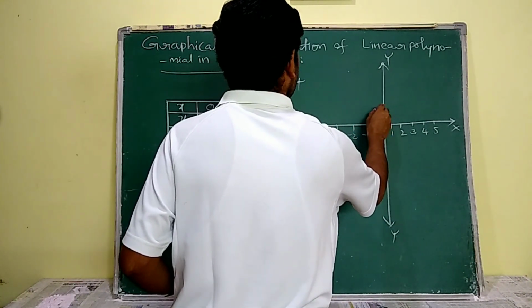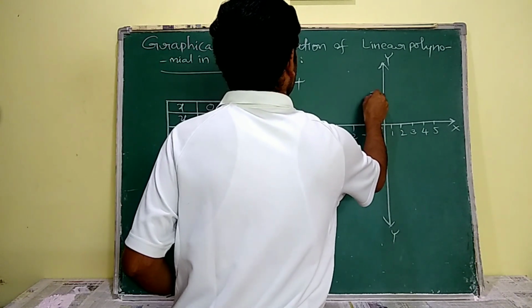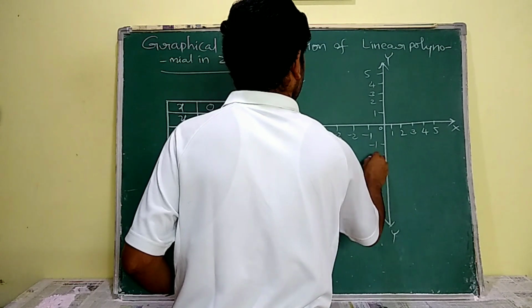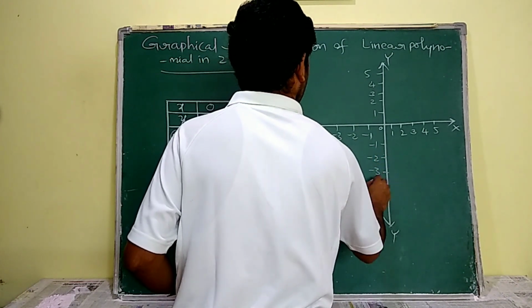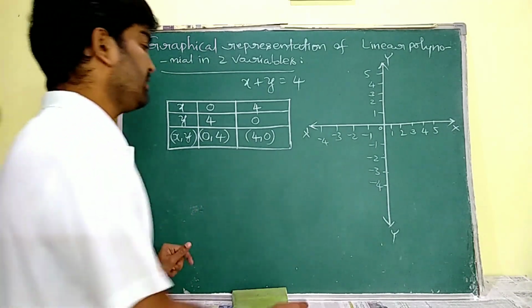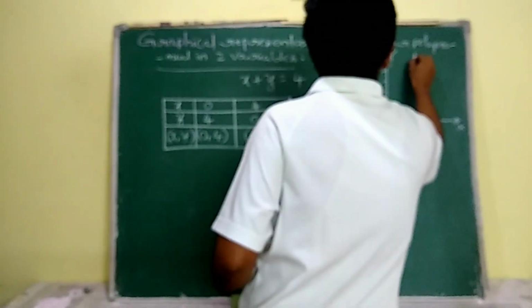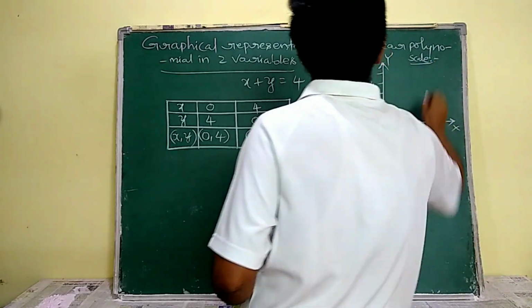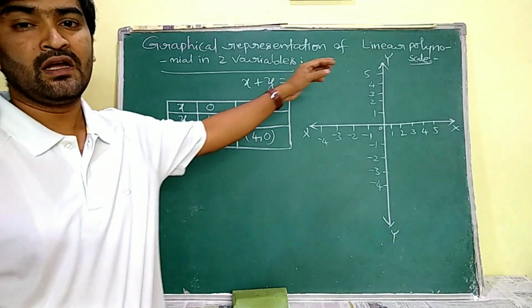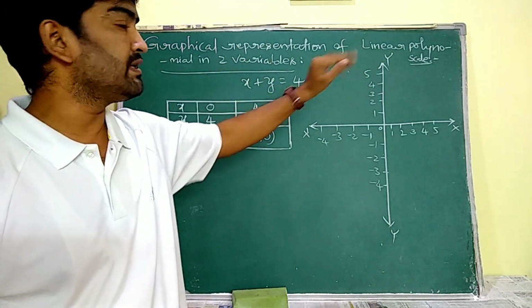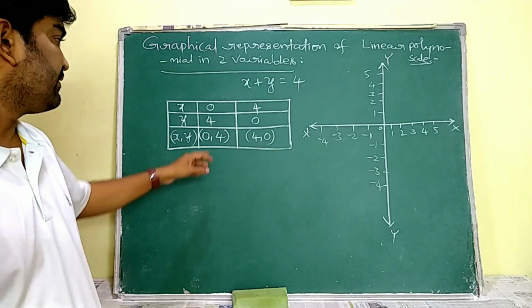Like this you have to mark the numbers. After marking the numbers, you have to write the scale also. Due to lack of space, I am not writing clearly. You have to write on the x-axis 1 centimeter equals 1 unit, and on the y-axis also 1 centimeter equals 1 unit.